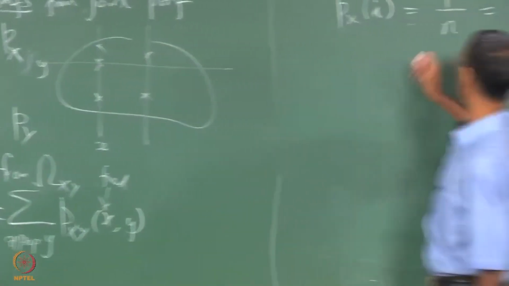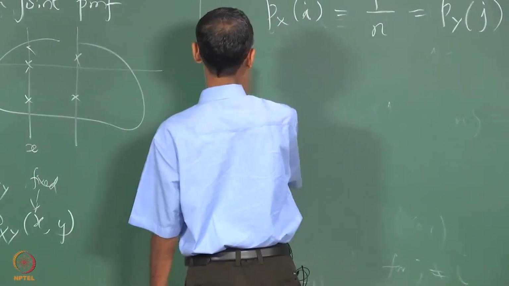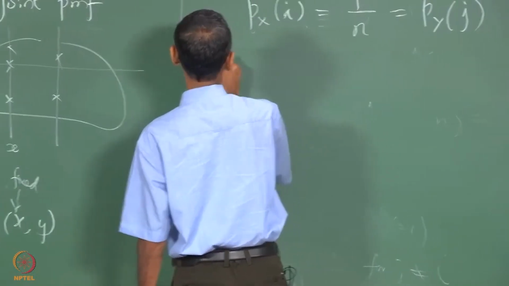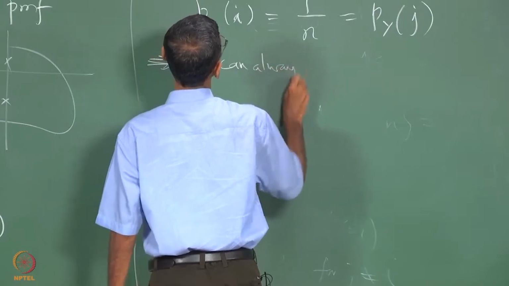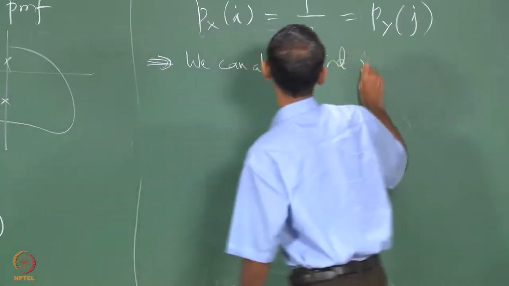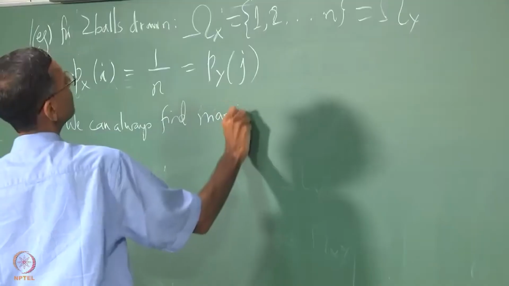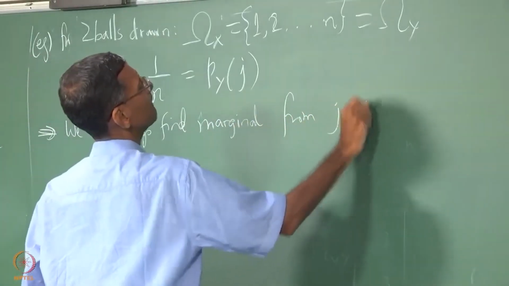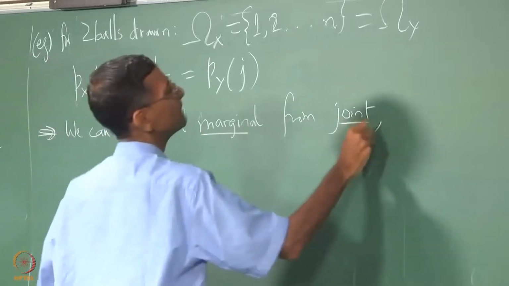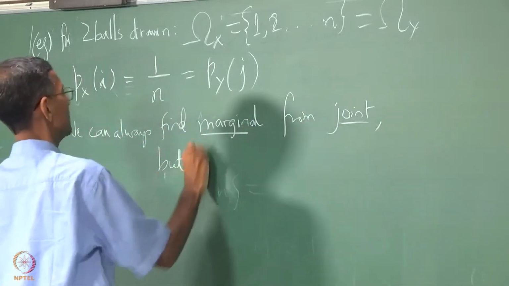The message is that we can always find marginal from joint, but not reverse.